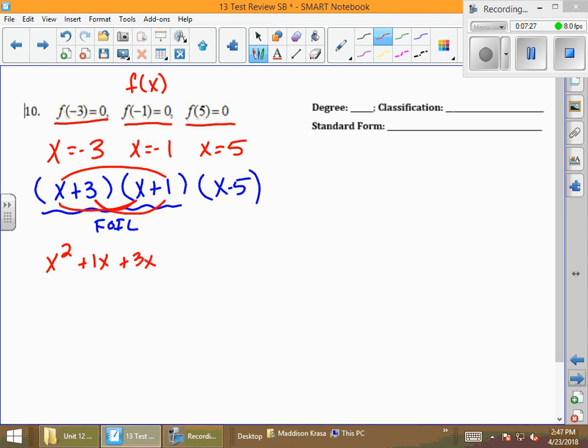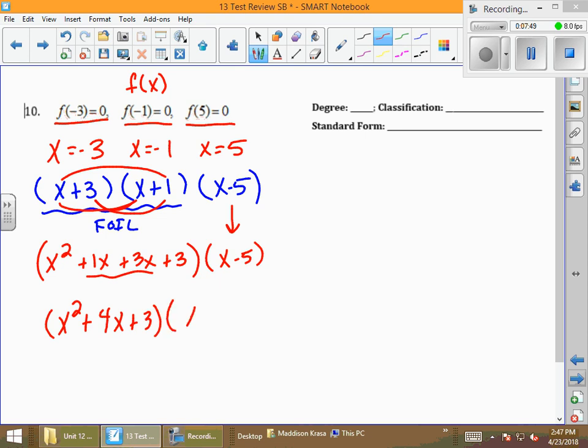And then 3 times 1 is 3. Okay, we're going to put those in parentheses there. We still have this x minus 5 that we have to bring down. Now we can simplify these inside terms. Those are like terms, so all we're doing here is just combining our like terms.